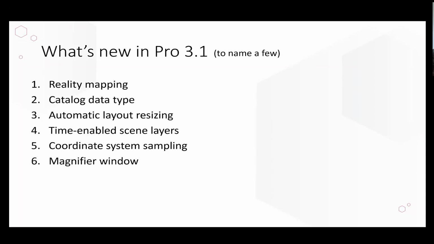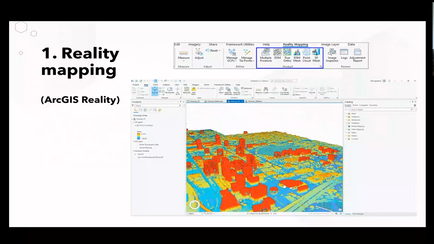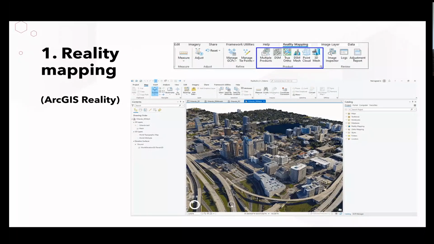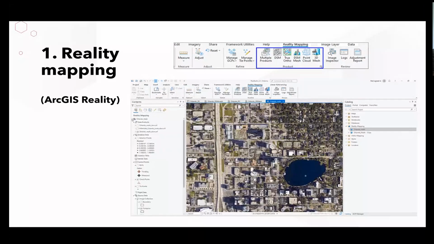So with that said, let's hop into number 1, which is reality mapping. It's finally here. With the ArcGIS Reality extension, users can manage and generate a series of 2D and 3D products from drone and aerial imagery directly within ArcGIS Pro.